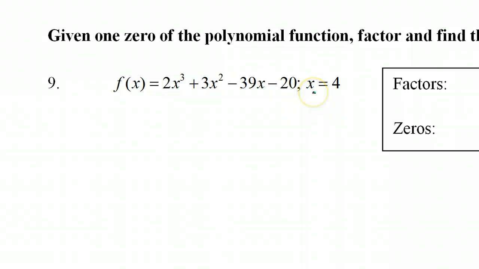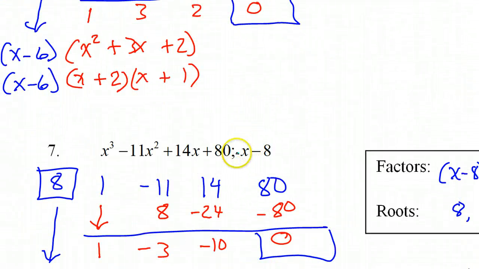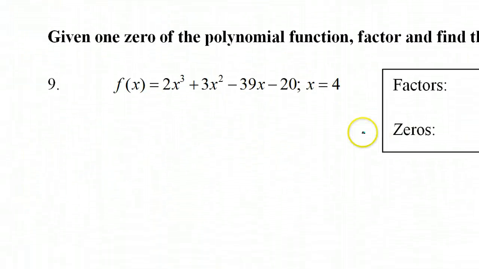Looking at number 9. Now, notice the subtle difference here. On all the previous problems so far, we were given factors, like x minus 8. We often put it in parentheses. But here, we're not given a factor. It's not x minus 4. We're given the 0 itself, x equals 4.